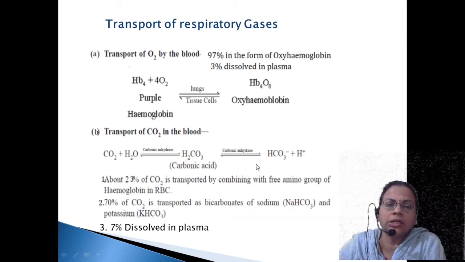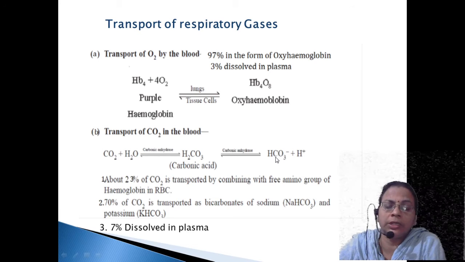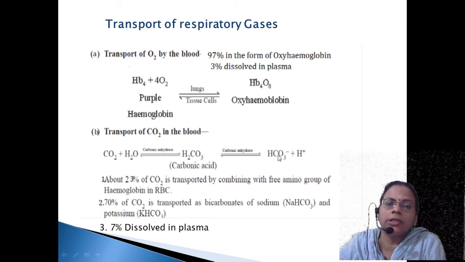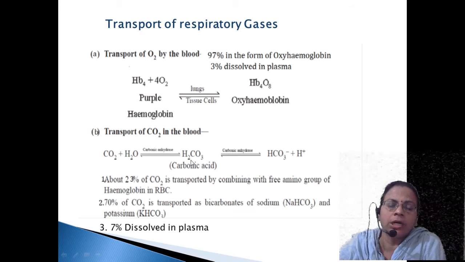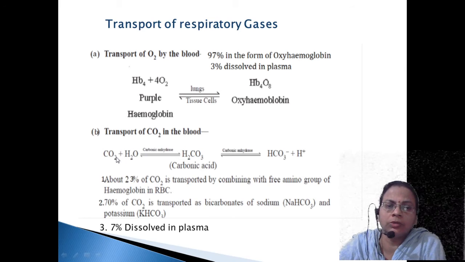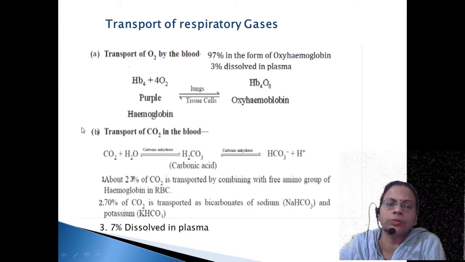When it reaches the lungs, the sodium bicarbonate or potassium bicarbonate will dissociate, and the bicarbonate ions will combine with hydrogen and form carbonic acid. Again carbonic acid will split up into carbon dioxide and water. So carbon dioxide is released as a free gas. This carbon dioxide diffuses from the blood to the lungs, and from the lungs it goes out to the atmosphere.